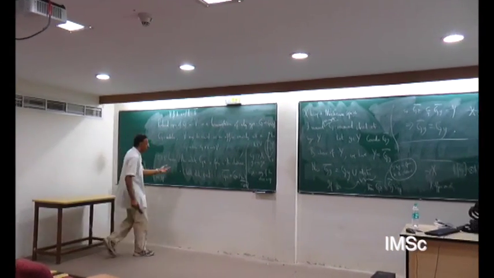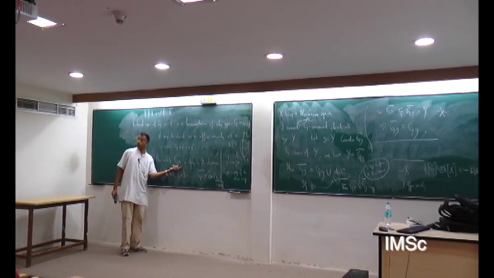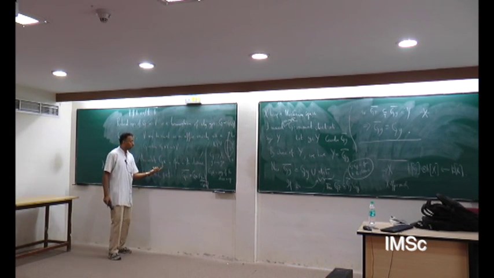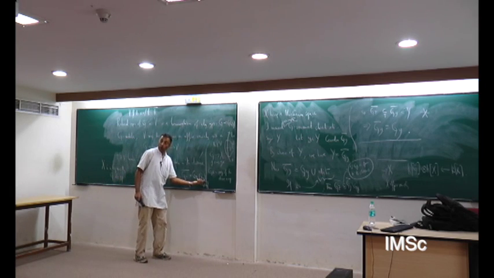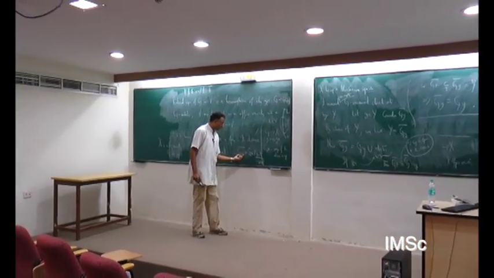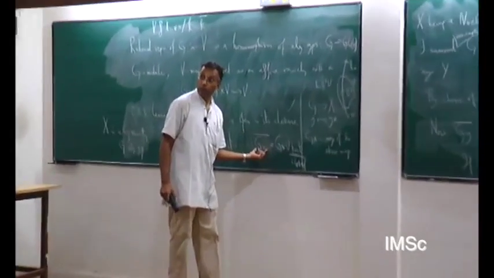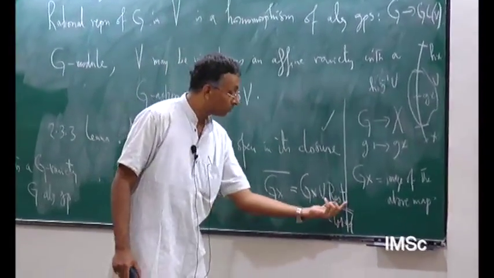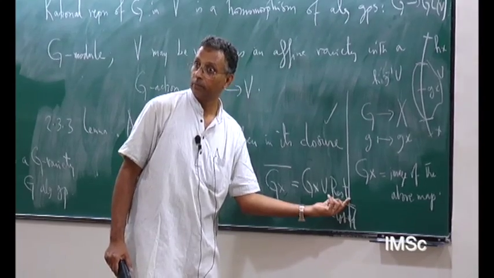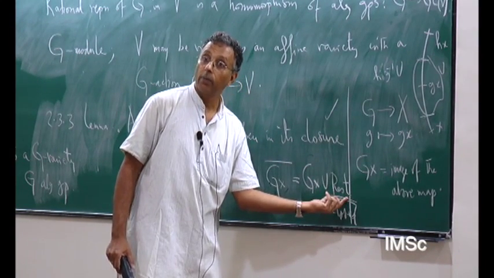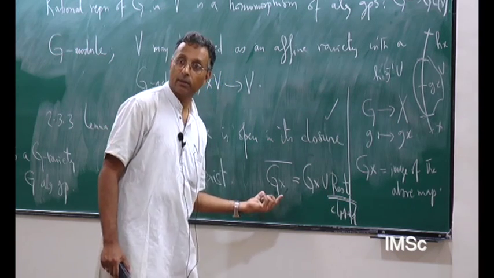So these orbits are irreducible, right? So you can think like this: this is an irreducible closed set. This will be proper. If you take an orbit closure here, that will be of smaller dimension than this one.